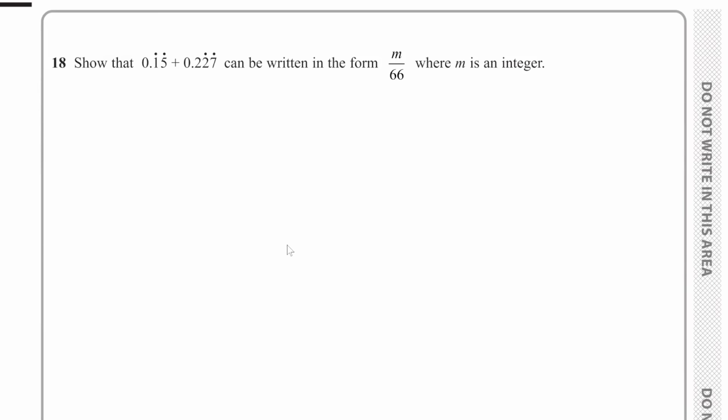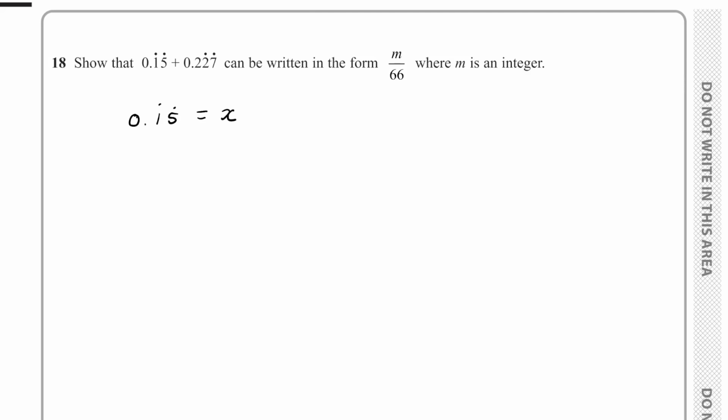Question 18, show that 0.15 recurring, 0.151515, plus 0.2 recurring, 0.2727272727, can be written in the form m over 66, where m is an integer. So we need to convert these recurring decimals into fractions. So 0.15 recurring, let's call that x.